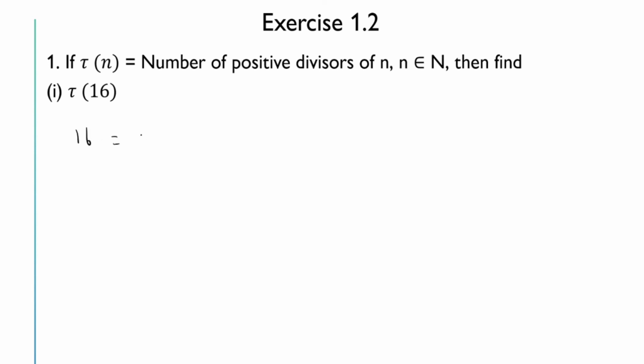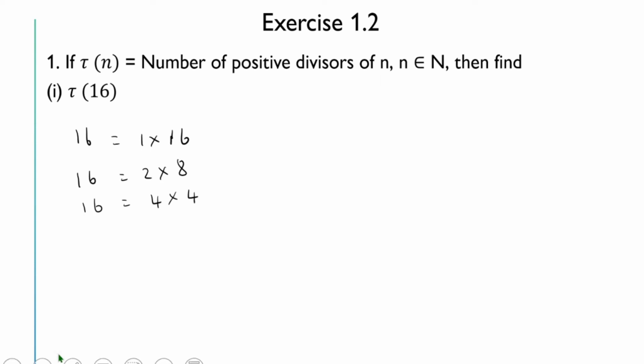We have 1 into 16, or we can write 2 into 8, or we have 4 into 4. So the positive divisors of 16 are 1, 2, 4, 8 and 16.